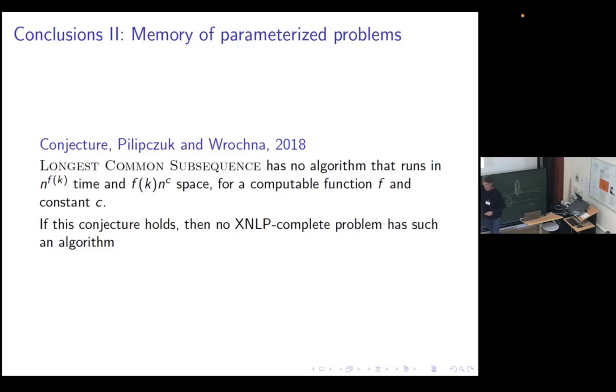But if this conjecture is true, the same conjecture holds for all XNLP-complete problems. So XNLP-completeness actually tells us something. It tells us that it's unlikely that an XP algorithm uses little space. It also tells us it's likely that the XP algorithm uses a lot of space, by this conjecture.